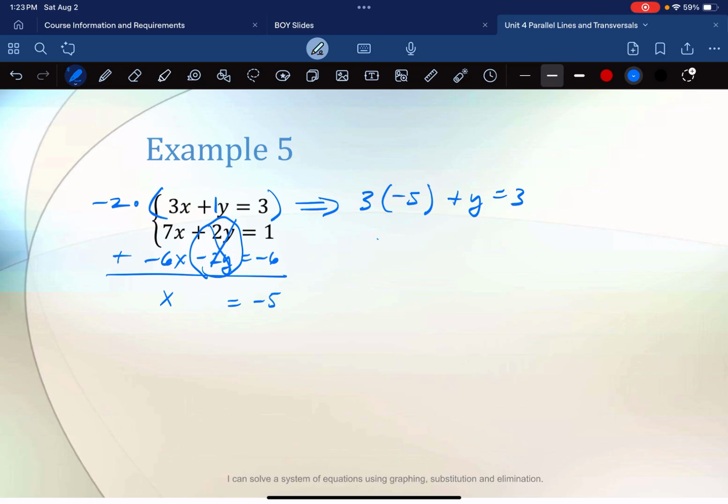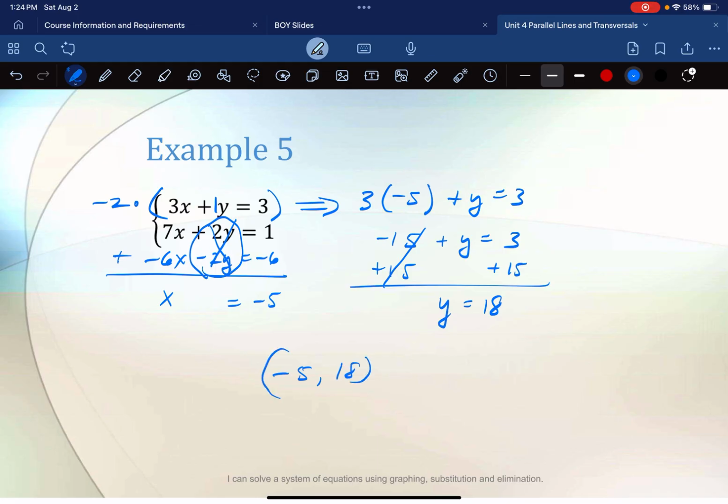And 3 times negative 5 is negative 15. Plus y equals 3. Add 15 to move it to the other side of the equation. 3 and 15 make 18. My solution is negative 5, comma, not negative, positive 18.